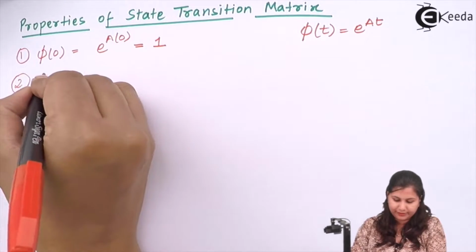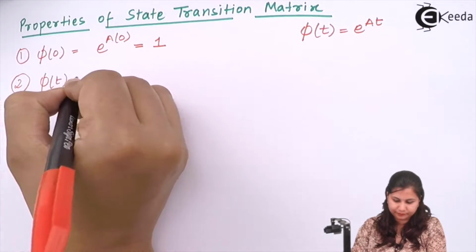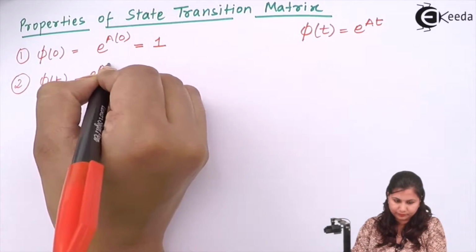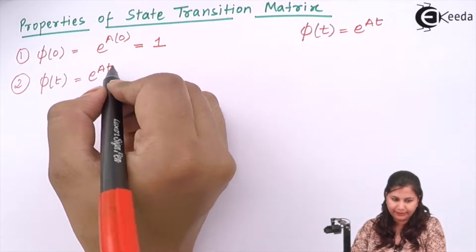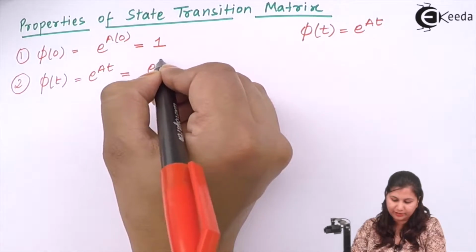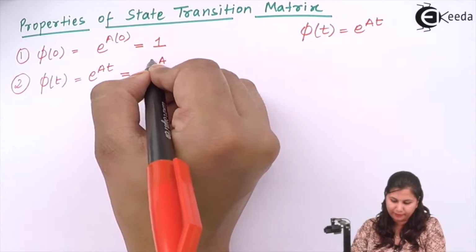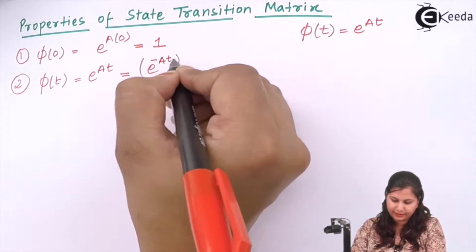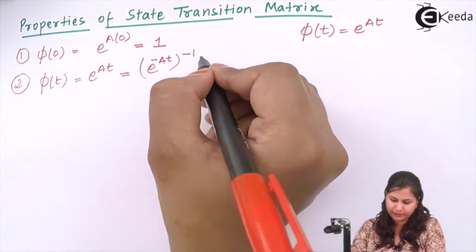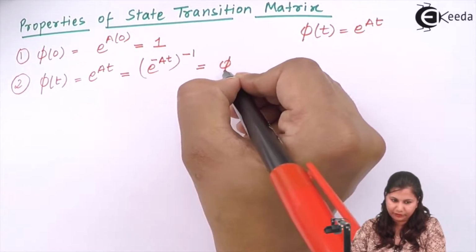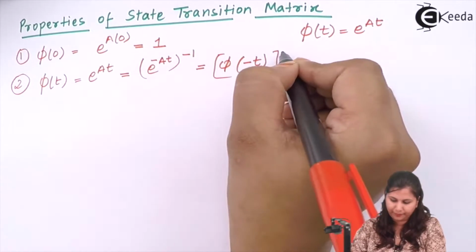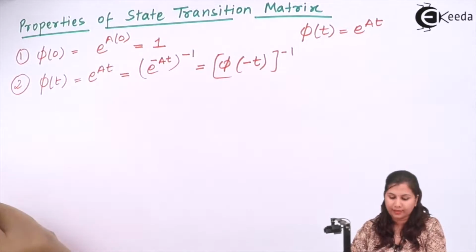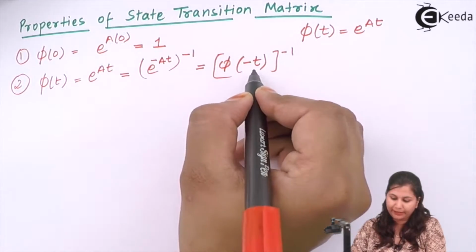Second property is, we know that phi(t) is e raised to the power At. Now if we take e raised to the power minus At and calculate its inverse, it will be equivalent to this. Because what is phi(minus t)?